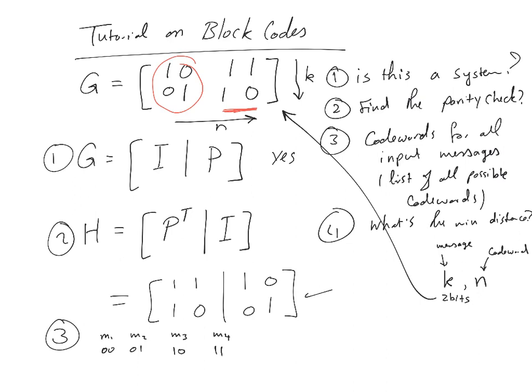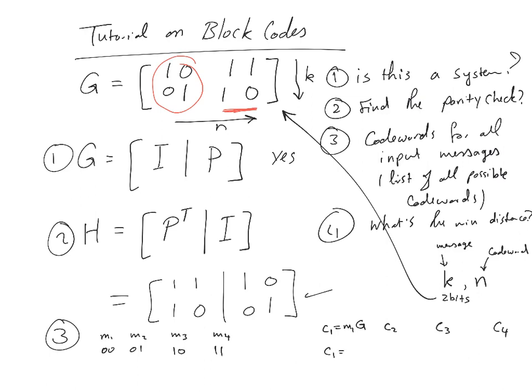Now the output messages or the output code words are C1, C2, C3, C4. C1 is equal to M1 multiplied by G. This is how you get the code word, right? So if you take the matrix multiplication of M1 multiplied by G, what will you get? All zeros.